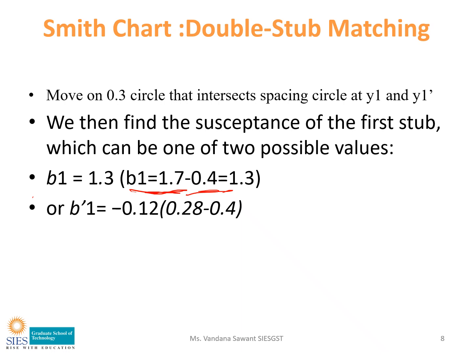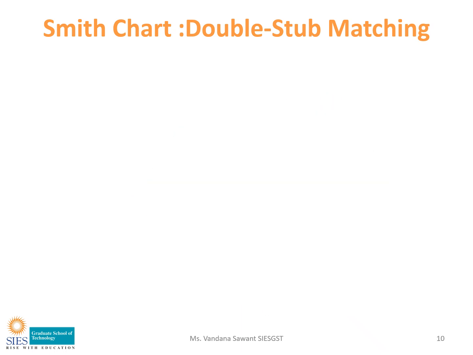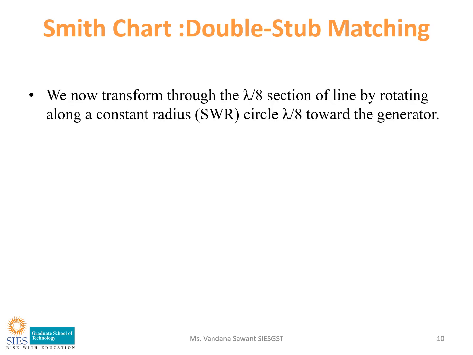That will be the possible length of stub 1. The possible length of an open circuited stub 1 at plus j1.3 is 0.146 lambda, and at minus j0.12 the possible length is L1 dash equal to 0.482 lambda. That can be found by using the wavelength at that particular point.